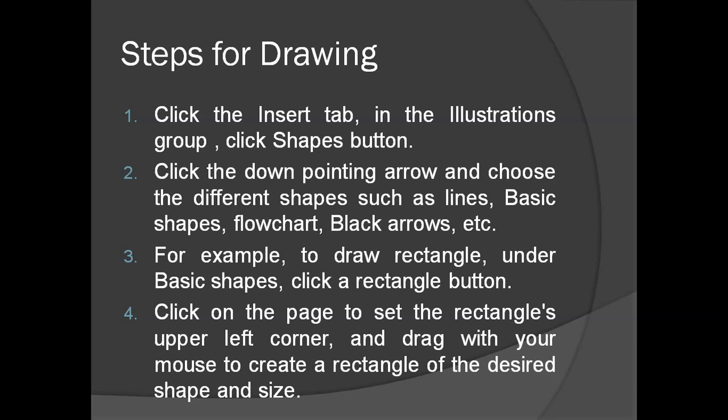Step 4. Click on the page to set the rectangle's upper left corner and drag with your mouse to create a rectangle of the desired shape and size. These are the steps for creating a drawing in an MS Word document.